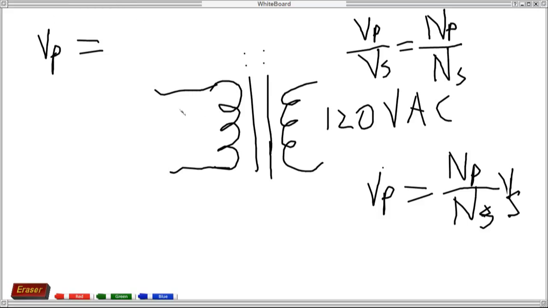The primary number of turns is going to be 10, and your secondary is going to be 1.